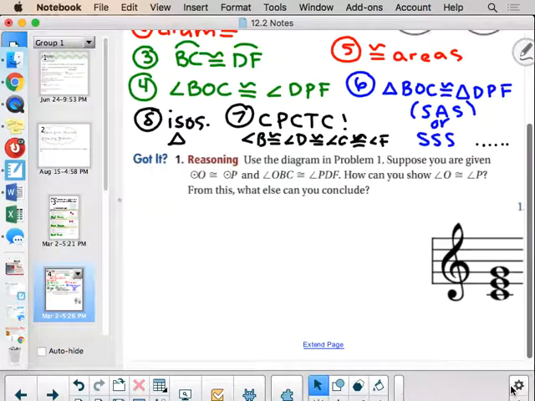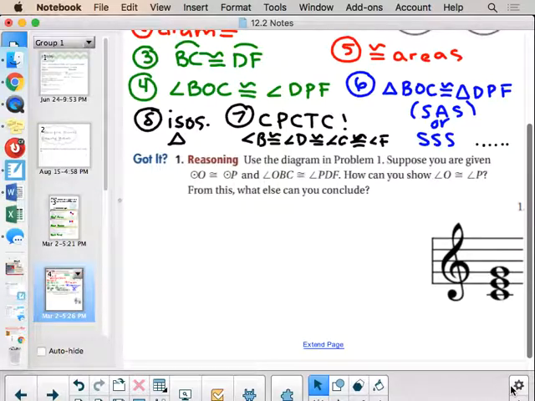And we probably kind of ruined the fun on the got it question. So on your got it question, you're just given some different information.